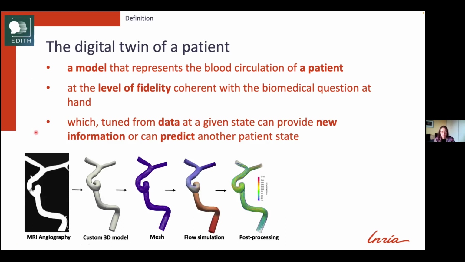But in any case, we always start from some geometrical information, so from some imaging data, and the modality depends on the scale at which we are studying. And from the imaging data, we can segment some vessels and then perform numerical simulation in these vessels.